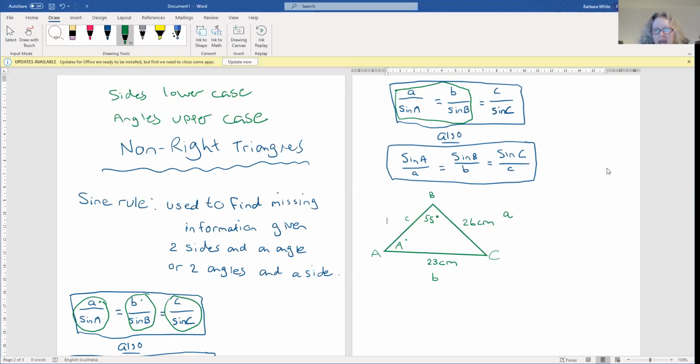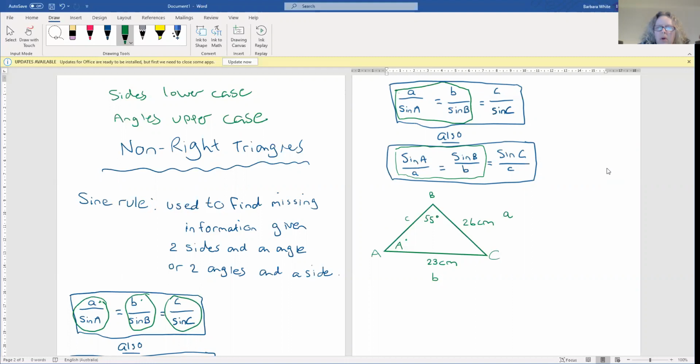We're trying to find the angle rather than the side length. So we're going to use this one because it's going to be easier to use. They're both exactly the same. If sine A over A is equal to sine B over B, then it's true also that A over sine A is equal to B over sine B. So you can write it either way.